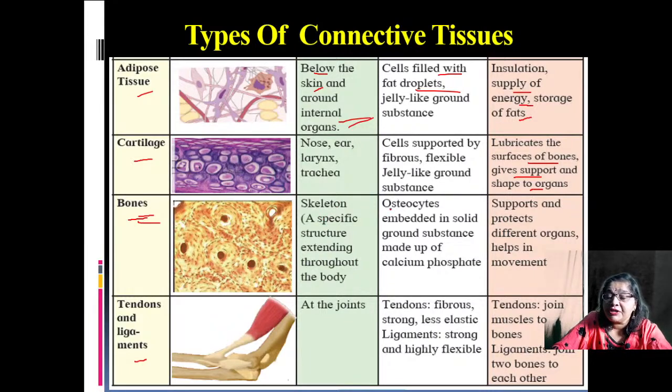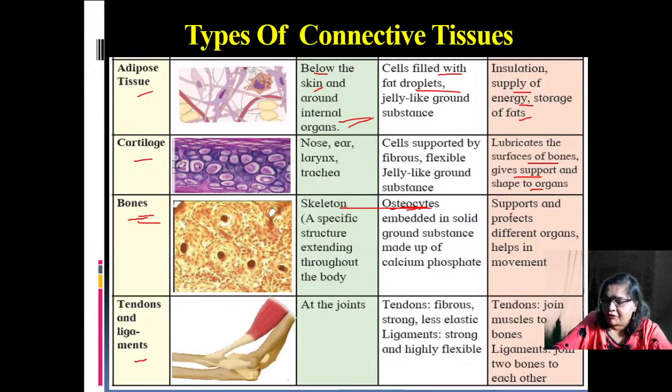If you see the structure, it consists of cells generally termed osteocytes. Osteo refers to bones and cytes refers to cells. These osteocytes are embedded in a hard, solid matrix made up generally of calcium phosphate. Because of this calcium phosphate, the matrix is very hard, and that is why bones are said to be very strong, right?